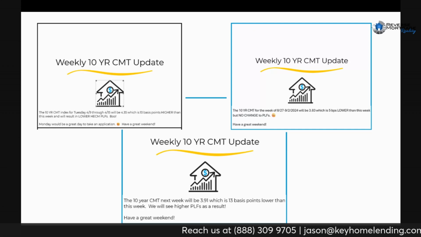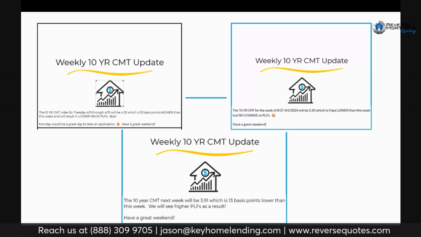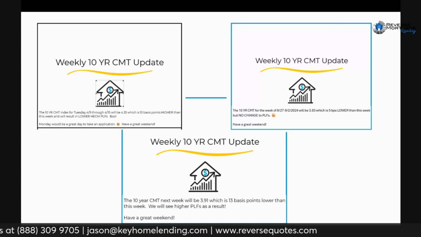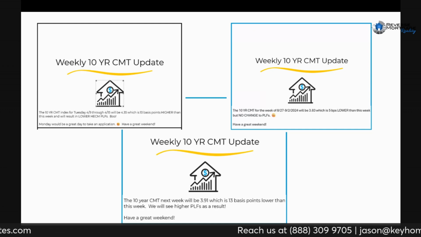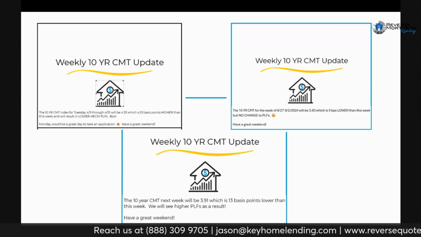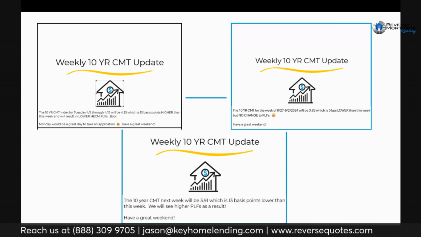A PLF is technobabble for loan sizes. So they could have easily said lower HECM loan sizes, but they've got to be all fancy with industry jargon. So again, rates went up back in, I guess, April 9th through the 15th, which meant that my clients after the 15th were getting less.